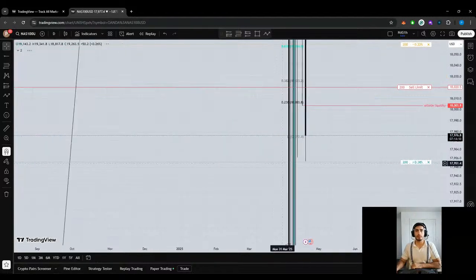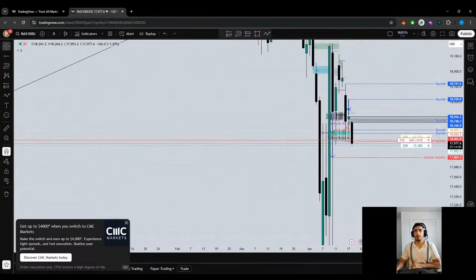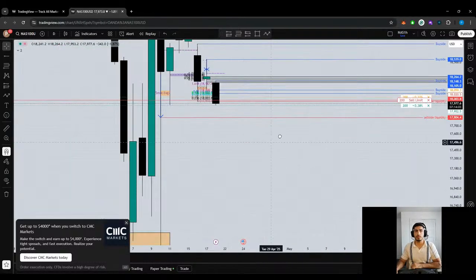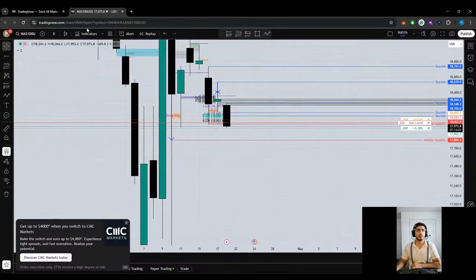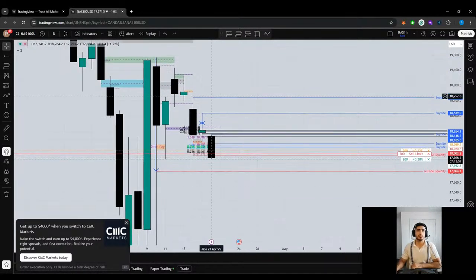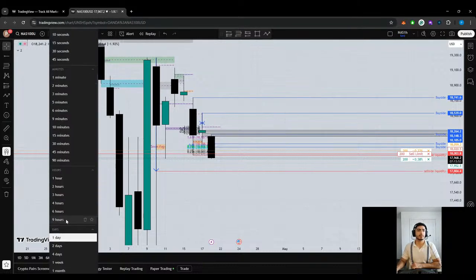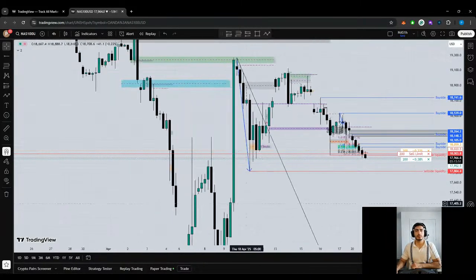Let's go see on the daily what it looks like. The only issue is that I have no reference points on the daily for a downside trade, but I do for upside trades. Let's go in the 4-hour. 4-hour, yeah, right here. 4-hour is this fair value gap.